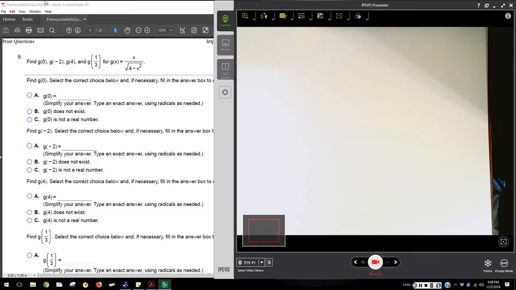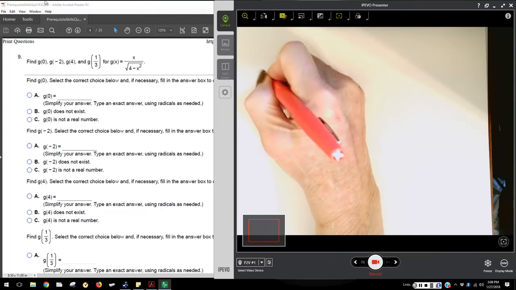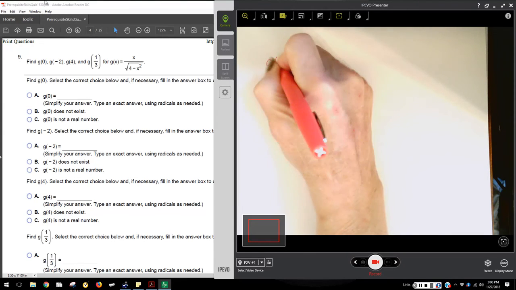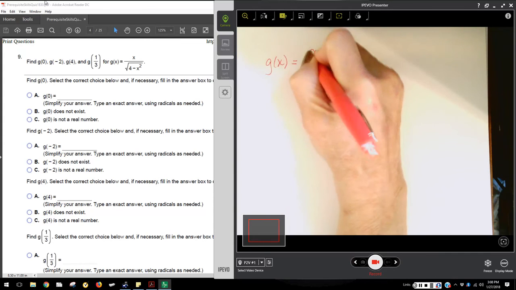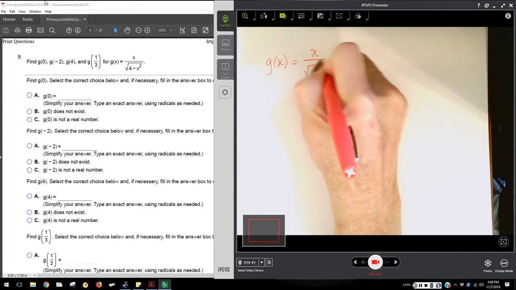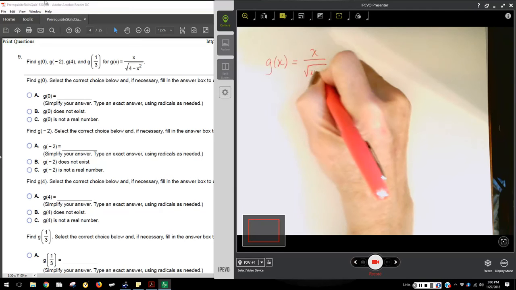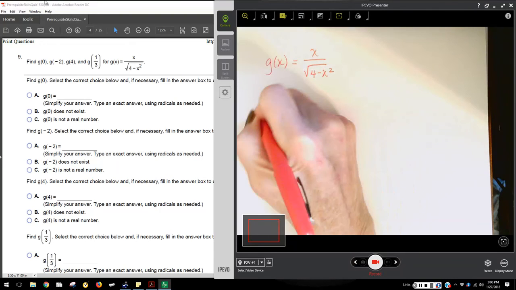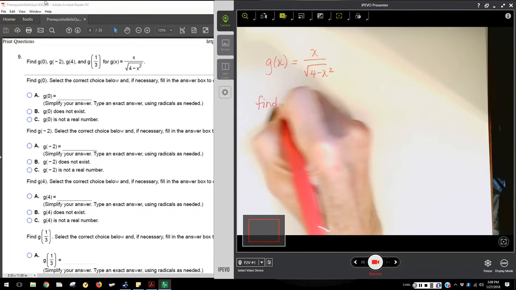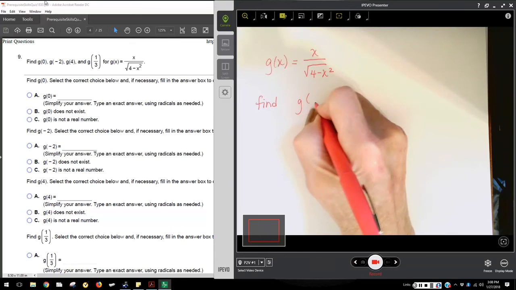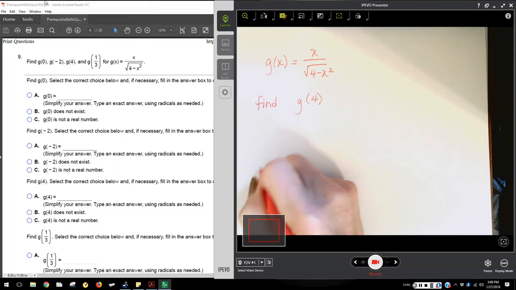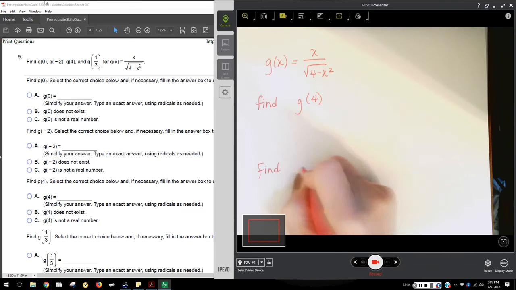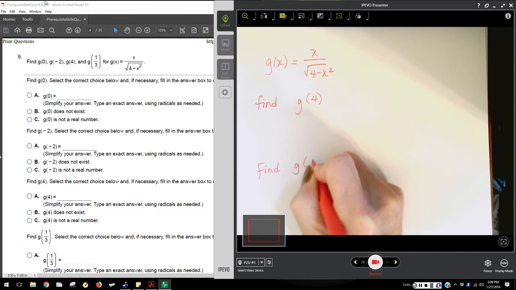So here's g of x. We're going to need to find g of 4, and then down here we're also going to need to find g of 1/3.